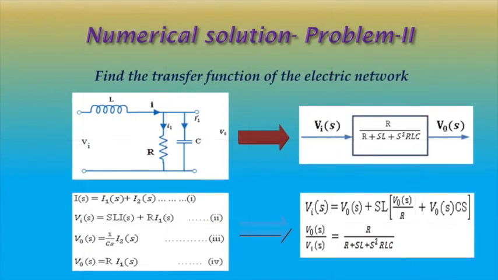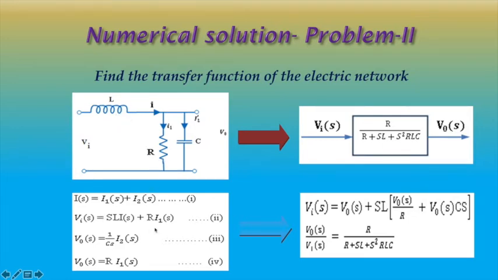Numerical problem 2. Find the transfer function of the network. Here is the given circuit. Vi is the input and V0 is the output. Consider current I1 passing through this resistance and another current I2 passing through this capacitance, because these two are in parallel. Taking the loop equation for loop 1, Vi equals L di/dt plus R I1.